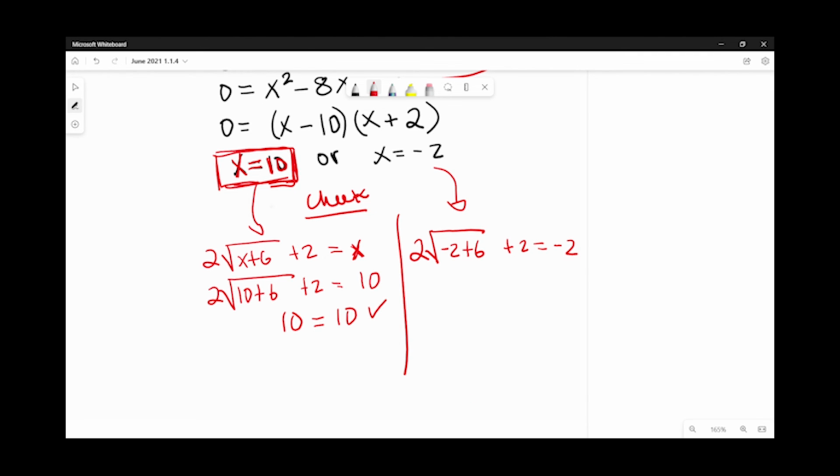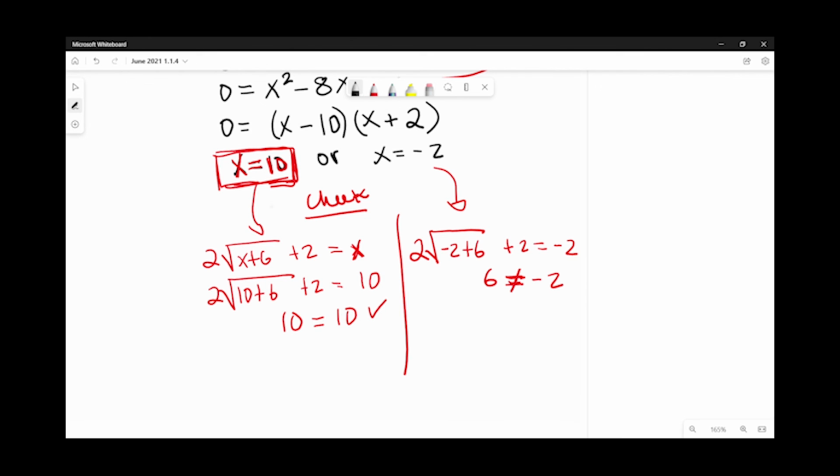I'm just substituting the x value that I have, and checking if the right hand side is equal to the left hand side. And this one is not, because here we have 6 equals negative 2, and that is not true. 6 is not equal to negative 2.